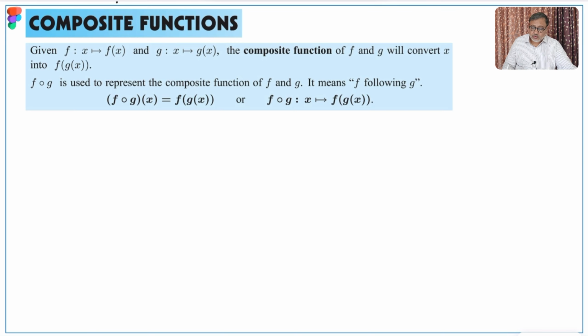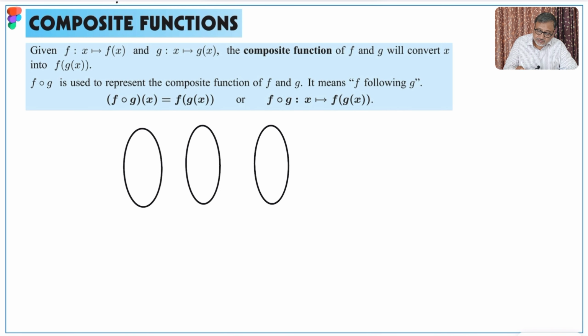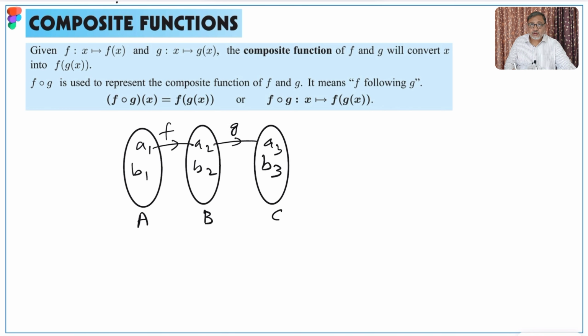Composite function. When two or more functions are combined together, they are called a composite function. So look here, if you have three sets, like this, okay, then suppose A1, A2, A3, B1, B2, B3, f associates elements of set A to set B, and g associates elements of set B to set C, then it is called a composite function.